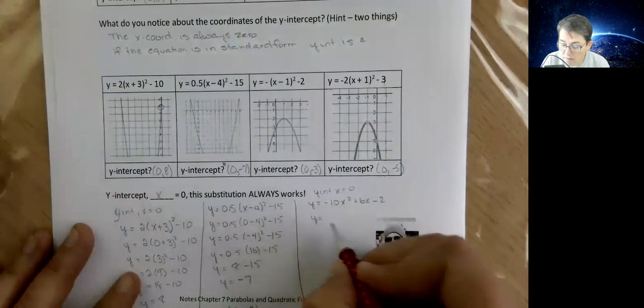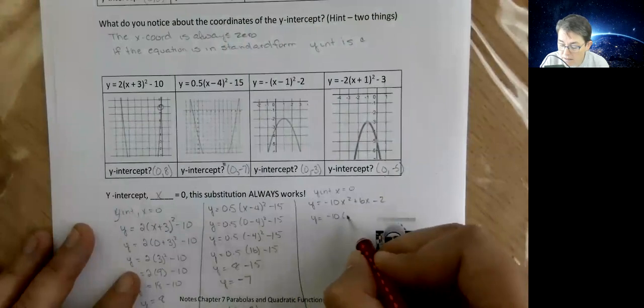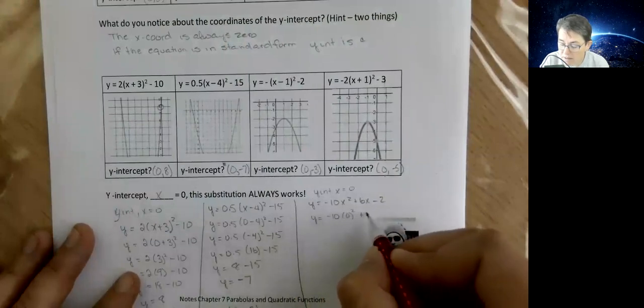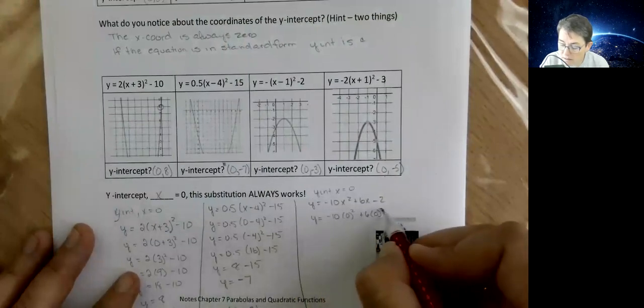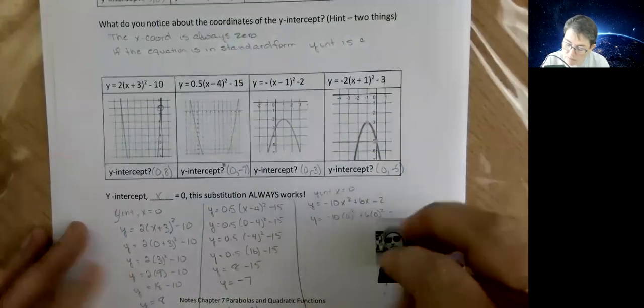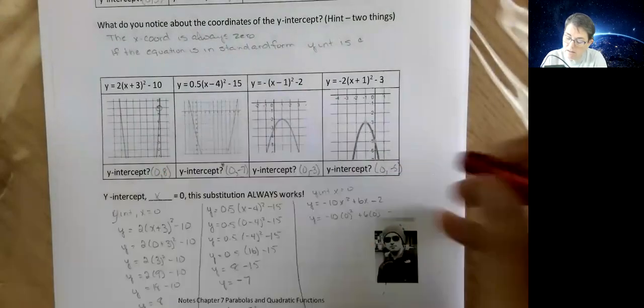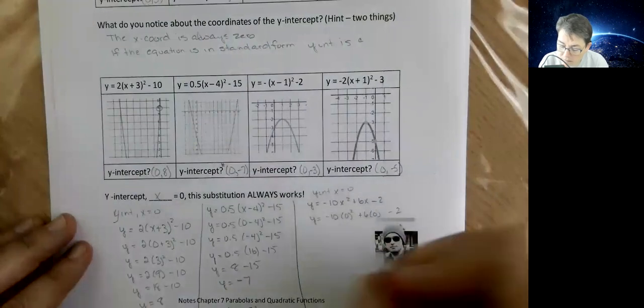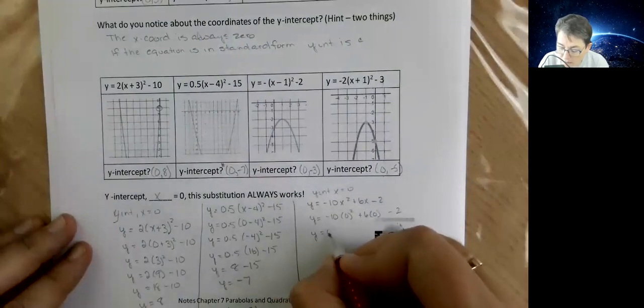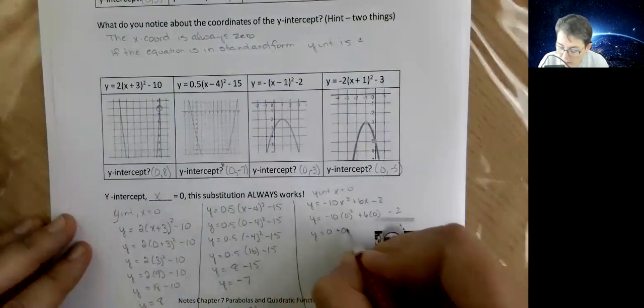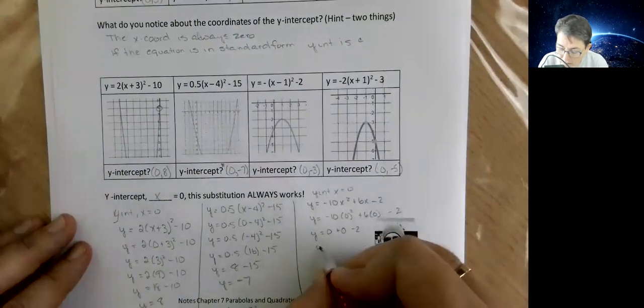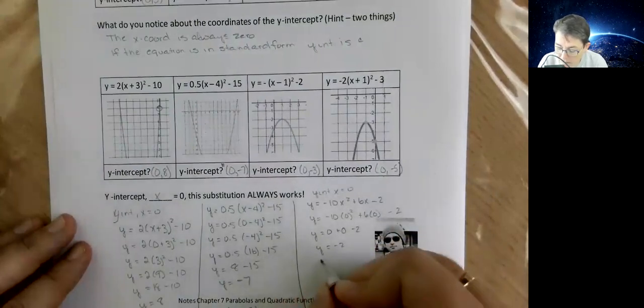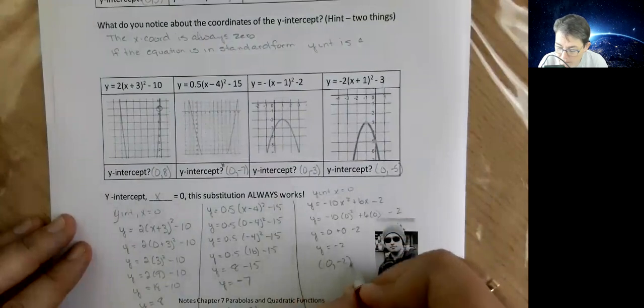So y is equal to minus 10 times 0 squared plus 6 times 0, not a squared on that, minus 2. So y is equal to 0 plus 0 minus 2. Y is equal to minus 2.